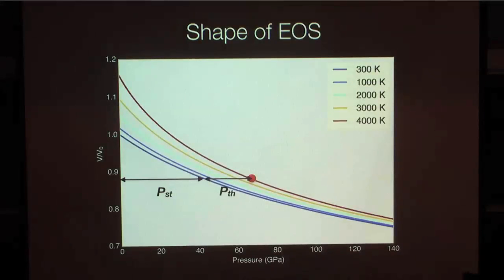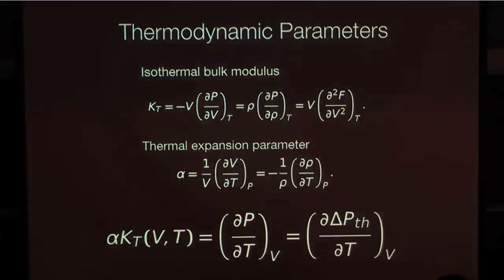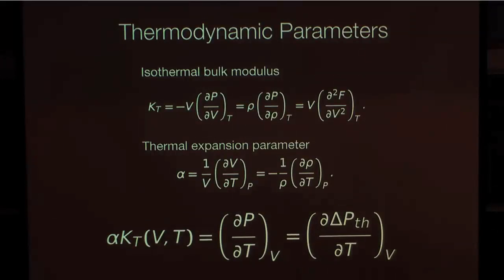So now we are going back to the drawing board, and our job is to fulfill the description of the thermal part, right? Thermal pressure. Now the Gruneisen parameter is coming back into the picture. Now I'm showing how the Gruneisen parameter is related to the isothermal bulk modulus and thermal expansion parameters. I'm showing you the definition again just to remind you what they are.